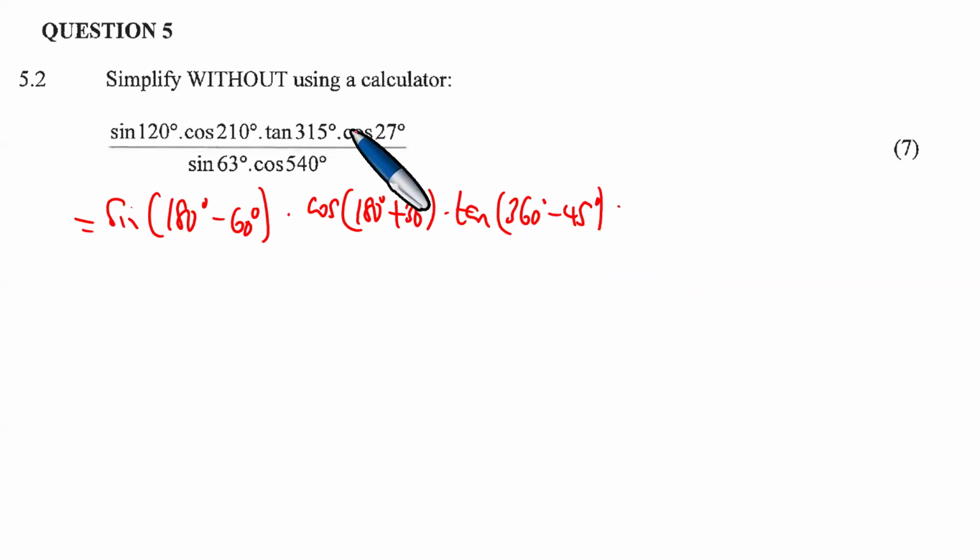The 27 degrees is an acute angle, and we can make it the same as this one here. So we can use cosine 27 is cosine of 90 degrees minus 63 degrees, because 90 minus 63 is the same as 27.